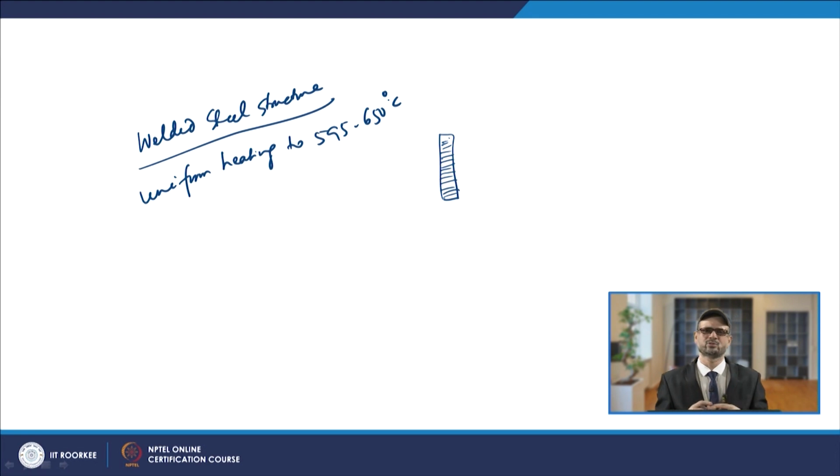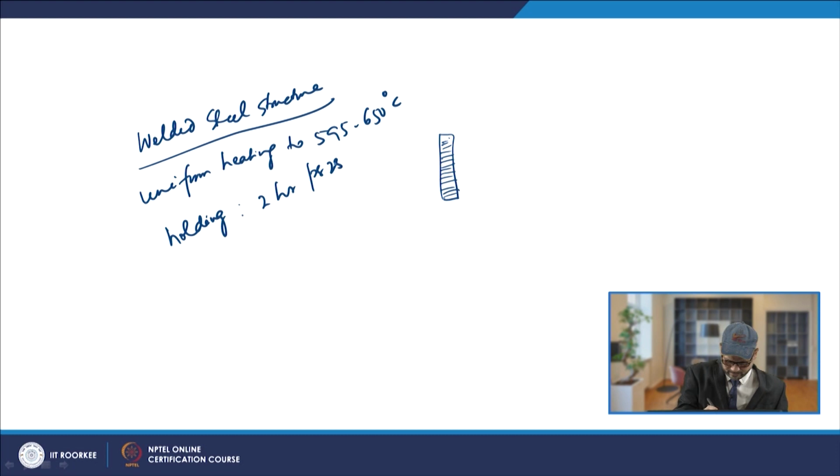For holding also there are certain guidelines. The holding will be based on the section thickness, about 2 hours per 25 mm thickness. Once you have held for some time, you then cool, slowly in the furnace.